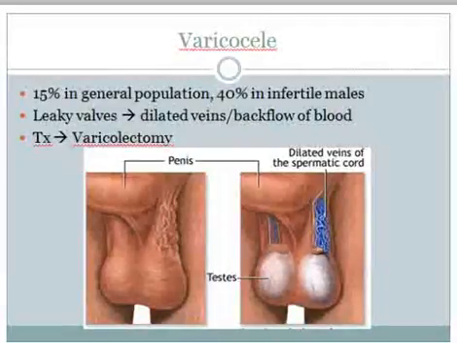So basically you have abnormal blood flow, which interferes with testosterone concentrations. Generally speaking, it can oftentimes be subclinical, so we're just detecting it on ultrasound in an infertility workup. And then generally the treatment is just going to be a varicocelectomy if sperm counts are low, and it can take 6 months to get those levels back. So just to be aware of that.